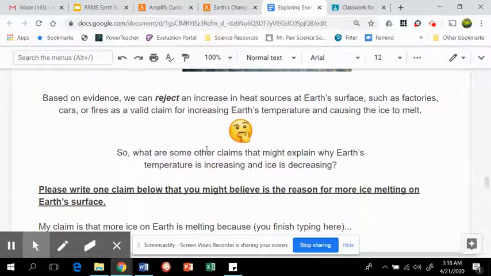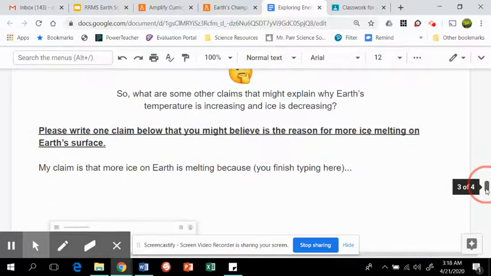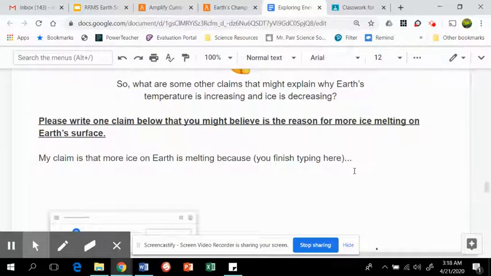So then what are some other claims that might explain why Earth's temperature is increasing and ice is decreasing? Please write one claim below that you believe is the reason for more ice melting on Earth's surface. So my claim is that more ice on Earth is melting because, and you're going to type your answer here.